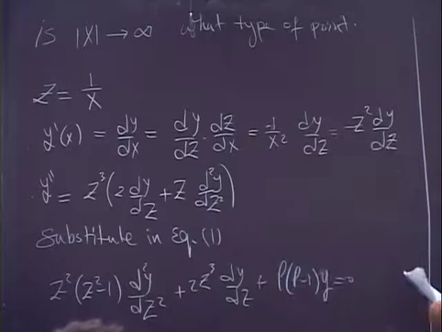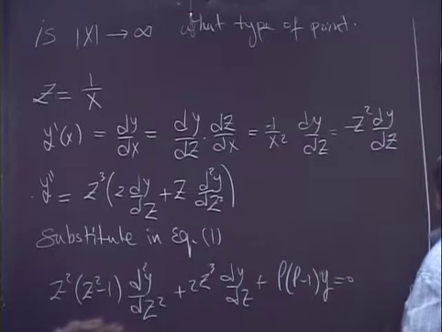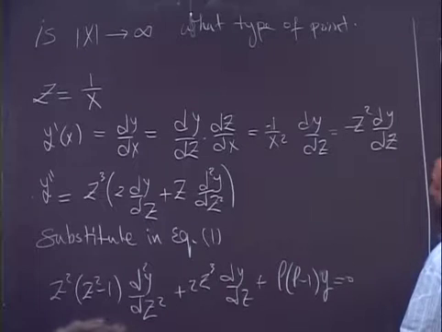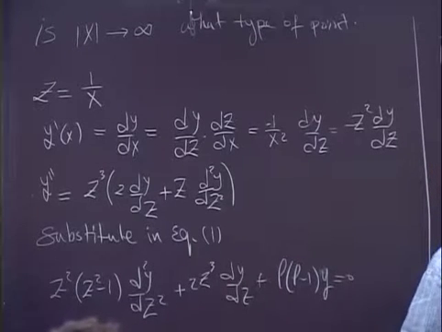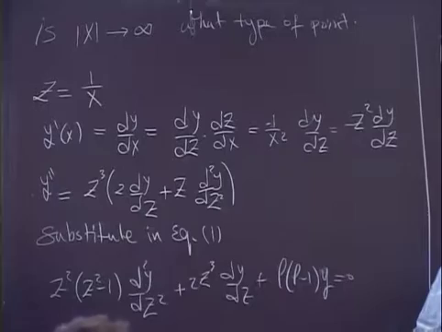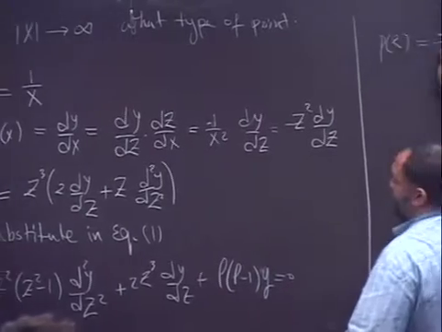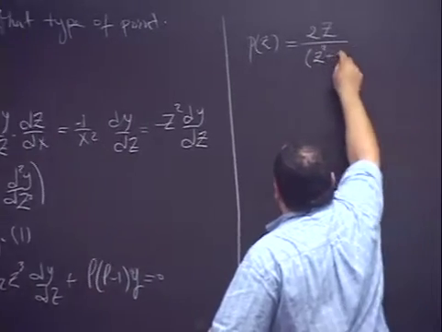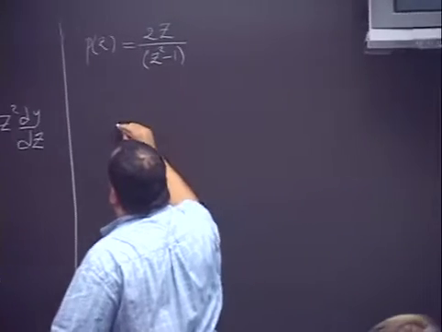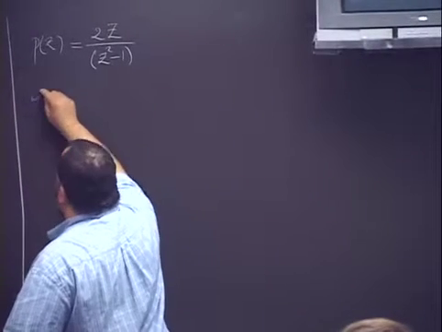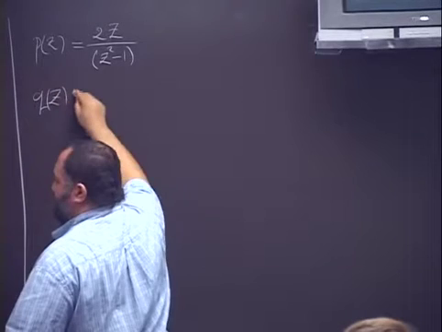So now what's p? Now p of z instead of p of x. P of z will be what? 2z divided by what? This is z squared minus 1. And what is q of z?